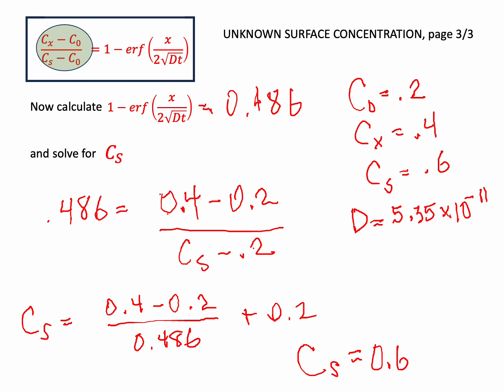We had X of 0.0015. We had T of 43,200 seconds. So going to keep all those things in mind because now we're going to talk about potential follow-up questions.